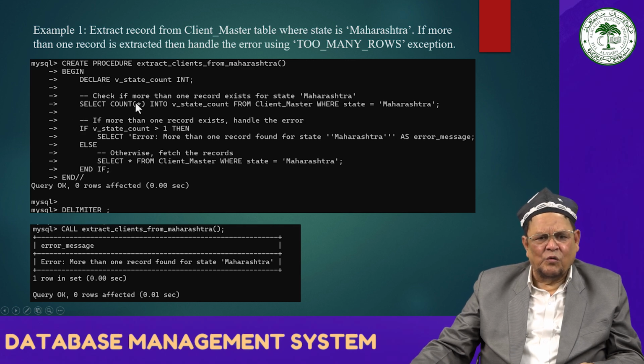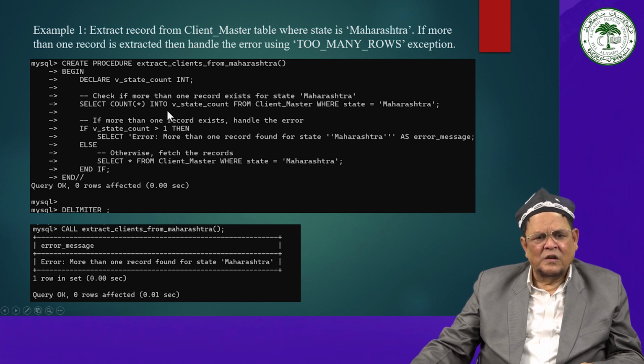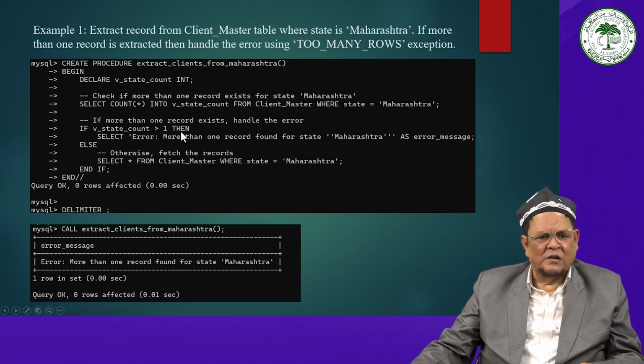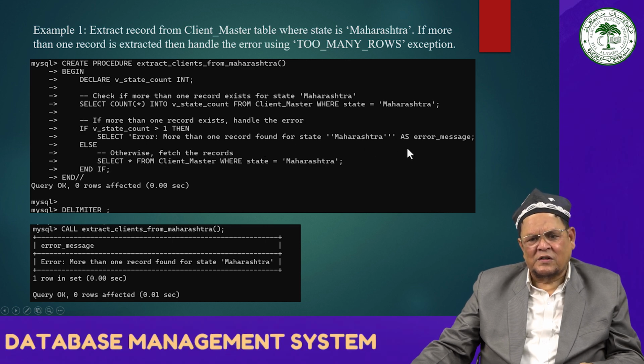Then you have to check if more than one record exists for Maharashtra: select count into v_state_count from client_master where state is equal to 'Maharashtra'. If v_state_count is greater than 1, then select 'Error: more than one record found in the state Maharashtra' as error message. Else, select * from client_master where state is equal to 'Maharashtra', and end if.